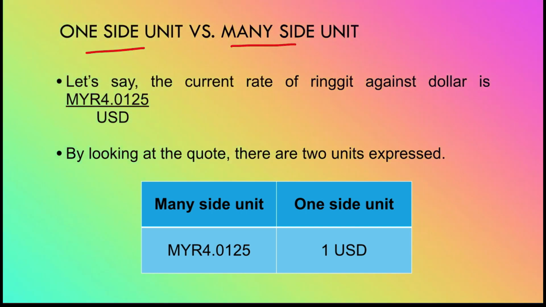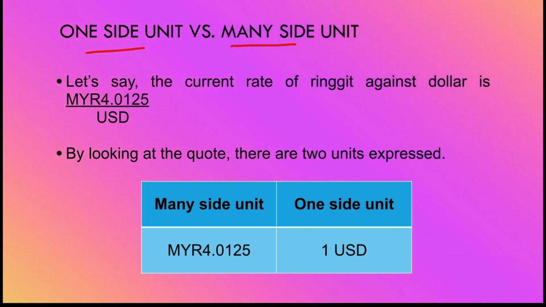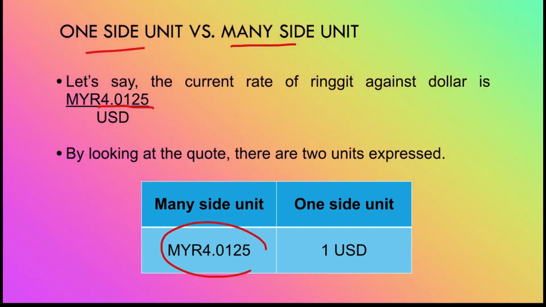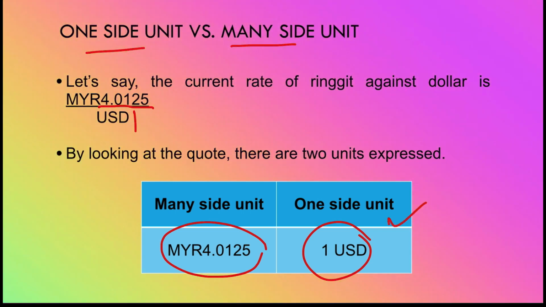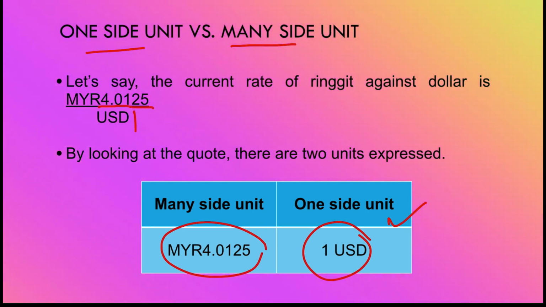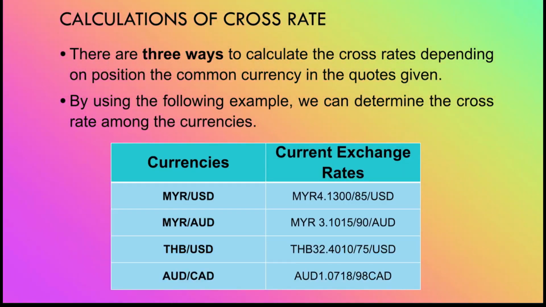By looking at the quote, there are two units expressed. 4.0125 is the many side units, and $1 is the one side unit. From this, we will calculate the cross rate.